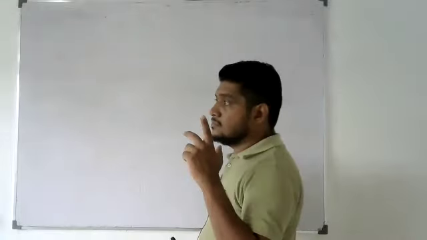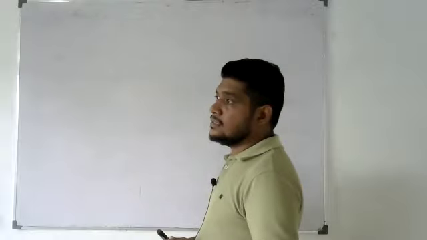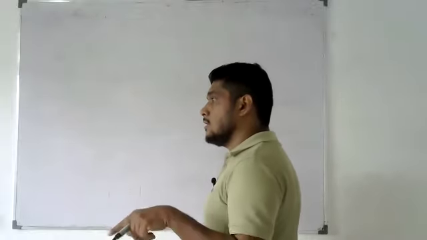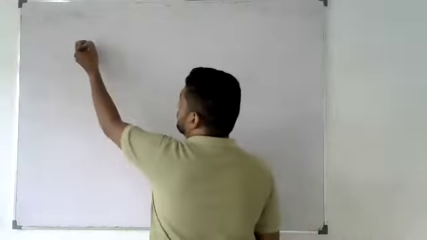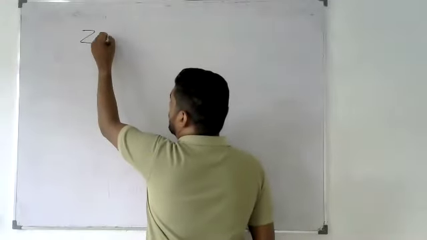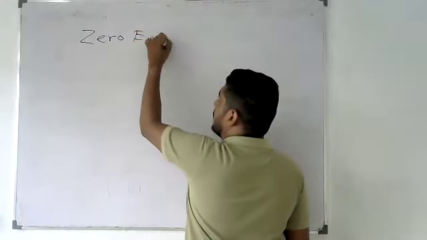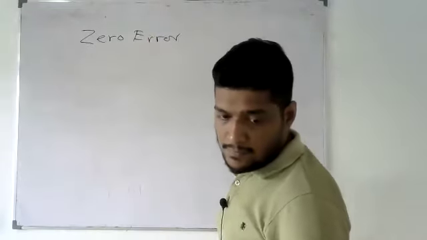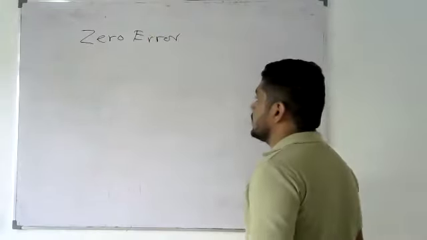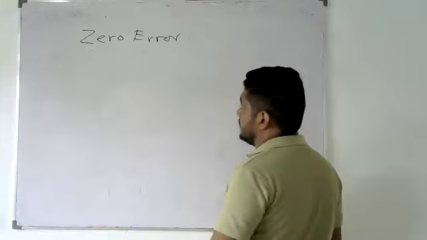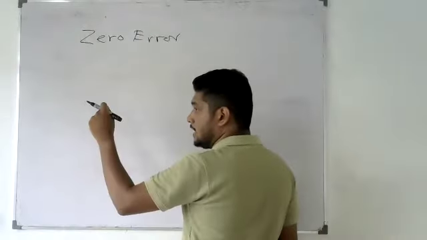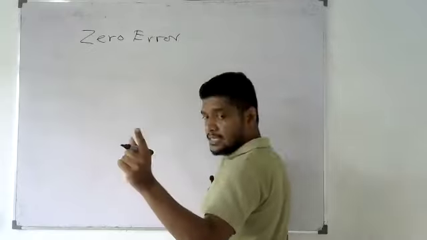ඊළඟට තියෙන්නේ the zero error of the vernier caliper. Zero error. So you know that zero error is a systematic error, as I told you.